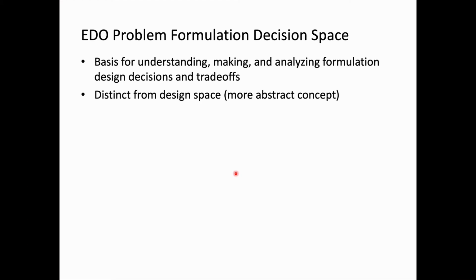When we're talking about the design representation, that's just one of the axes. And how we define the design space is one of these three major decisions. Where we are in this formulation decision space is a much more abstract concept than thinking about navigating through the design space itself.